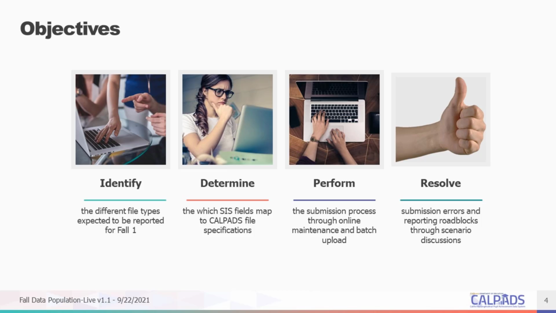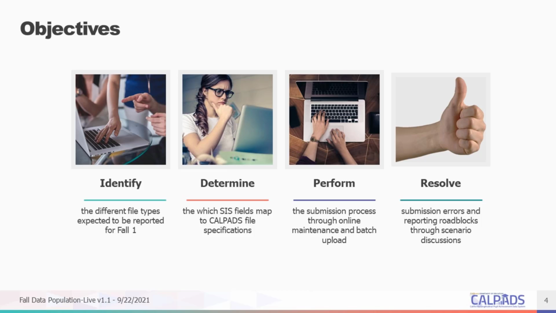And so we do have objectives for today's training, as always. By the end of today's training, we hope that we can give you the ability to identify the different file types expected to be reported for Fall 1.